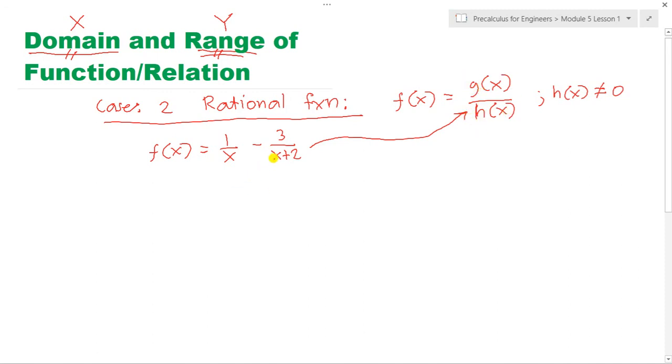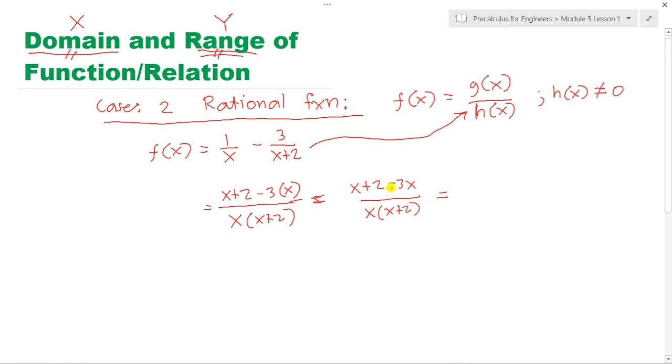So, in order to do that, yes, we combine. So, we have x times x plus 2, our LCD, and then the first term is x plus 2, second term is minus 3 times x. Tama? Okay, tama. Then, this would be equal to, if you simplify, x plus 2 minus 3x divided by x over x times x plus 2.